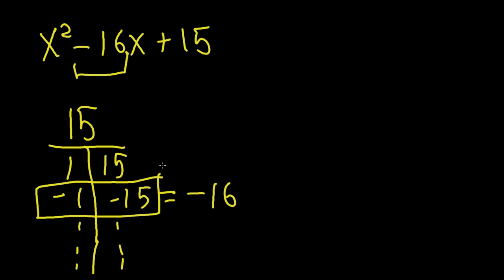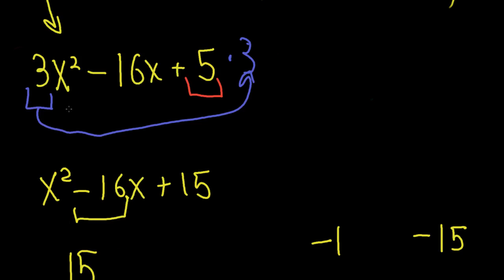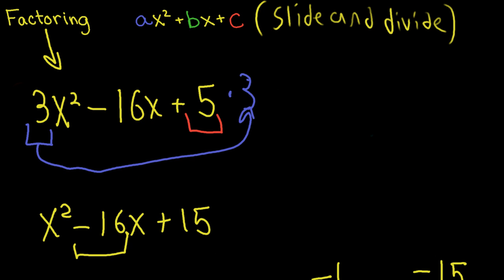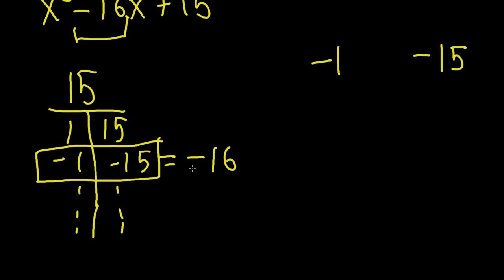Not quite done yet. I'm going to take my negative 1 and my negative 15 and divide them. This is where the divide part in slide and divide comes in. I'm going to divide them by my a value. My a value is 3, so I'm going to divide each of these by 3.